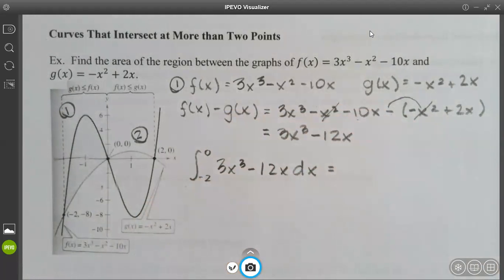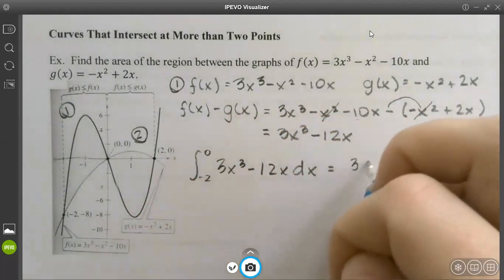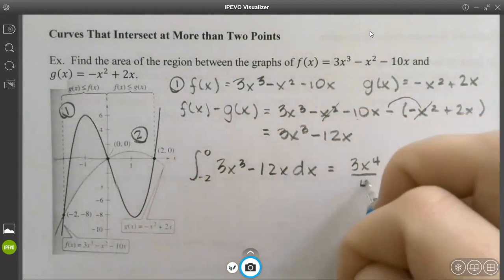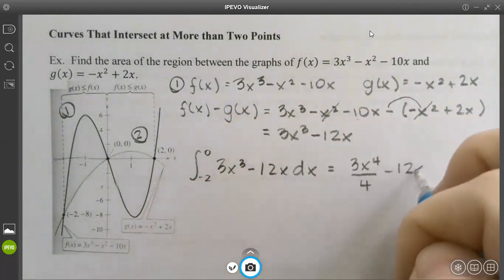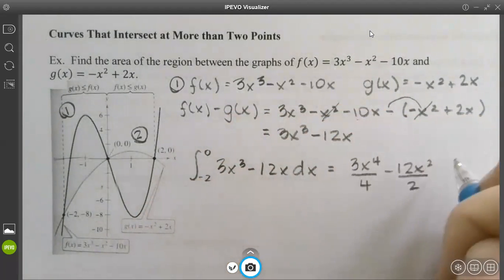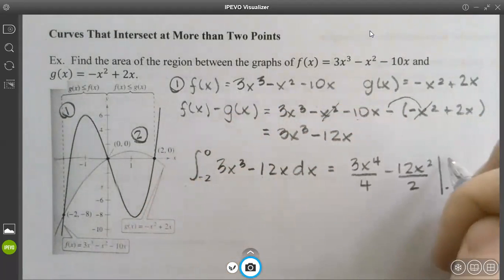What's your integration? From negative 2 to 0.